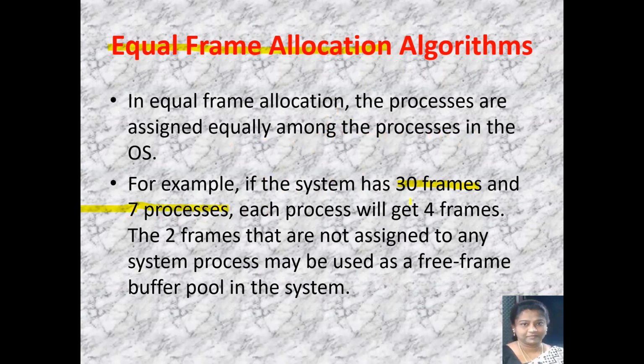If I want to do equal allocation, that means I should divide these 30 frames equally among 7 processes. That is 30 divided by 7, which will be 4 frames for every process. And 2 frames are not assigned. They will be available in the free frame pool as such. That is, whatever frames are available will be divided among the currently running processes. This is called equal allocation.